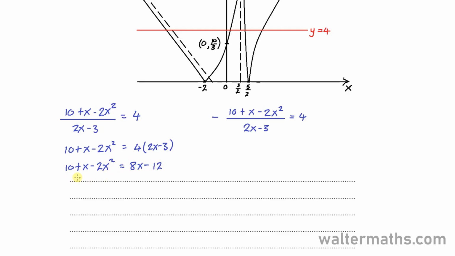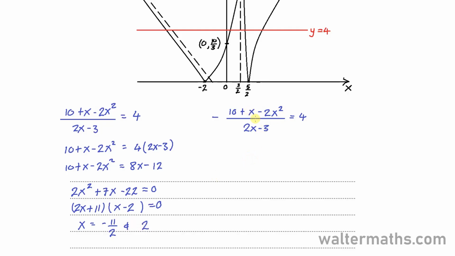Now taking everything on the left side to the right side, we'll be having 2x squared, and that's plus 7x minus 22 equal to 0. And this can be factorized to 2x plus 11 bracket x minus 2. So we can get the values of x coming out as minus 11 over 2 and 2.